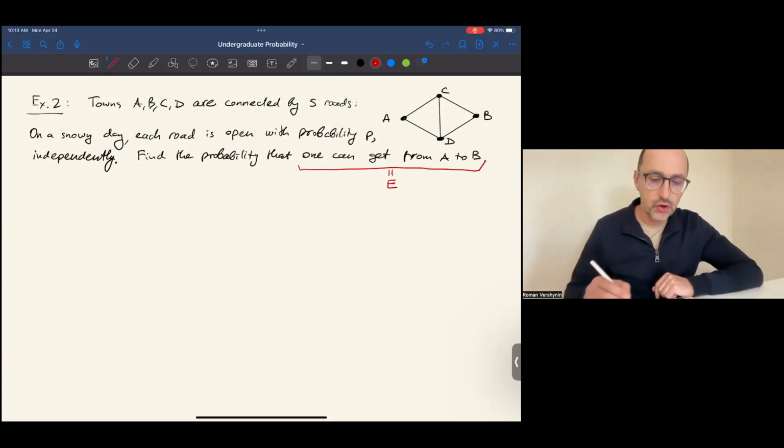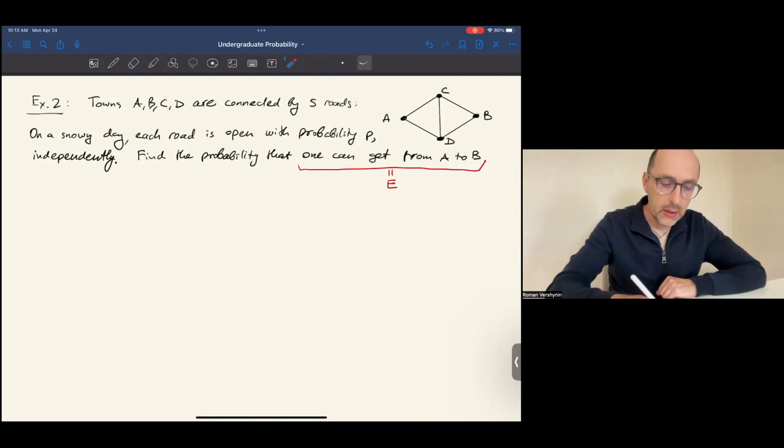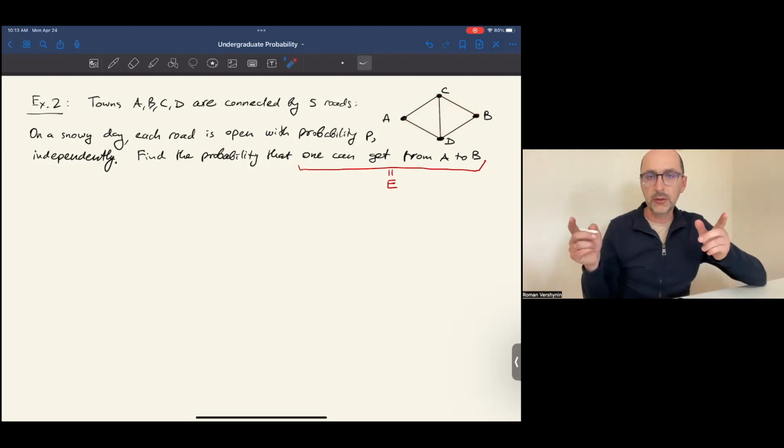This problem can be tricky if you attempt to solve it directly. It is because there are so many different routes that you can take from A to B. You would need to be able to compute the probability of each such route and then take the union, because you would like to get from A to B by at least one route.